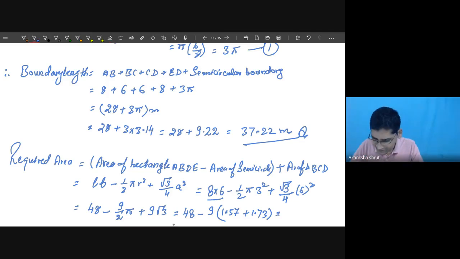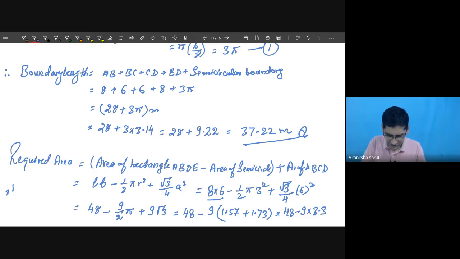So it is 48 minus 9 into, go for adding this, it becomes 0, then 3, then 3.3. Now see how easy this is. Though the values of pi and root 3 appear bigger, this calculation is still very simple.